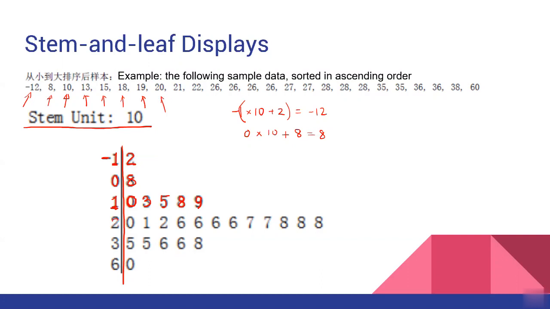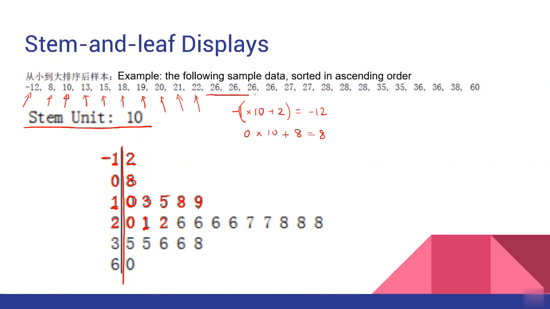So we put a 2 on the stem side and 0 on the leaf side. And following the same way, when we read the data 21, we put 1 here on the row that represents the stem 2. And then we have 22, so we put a 2 here.